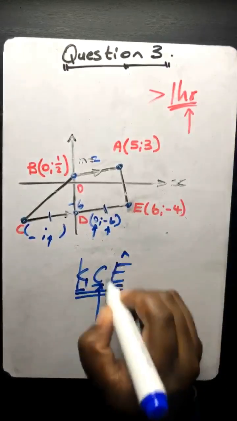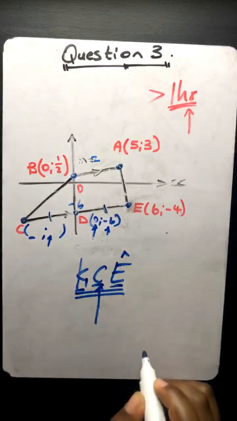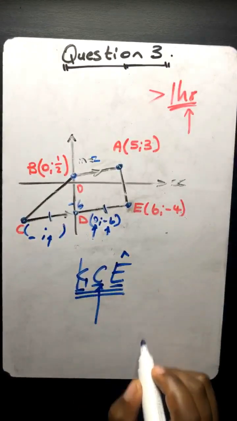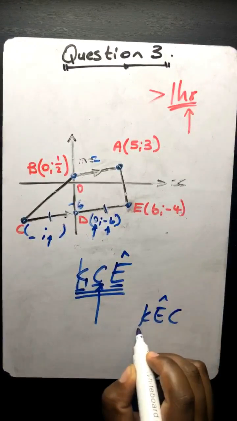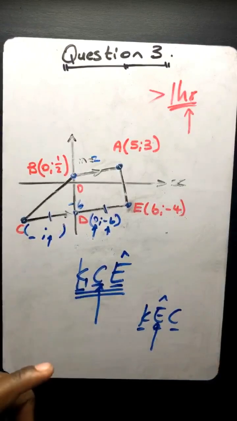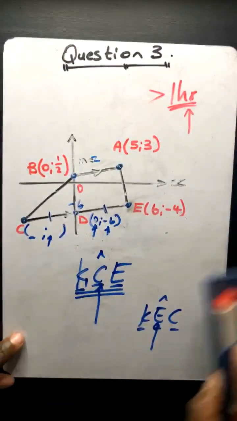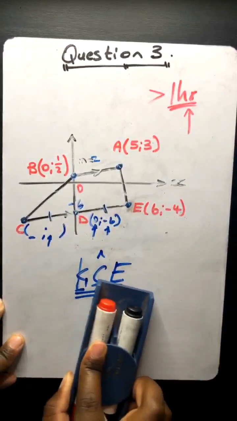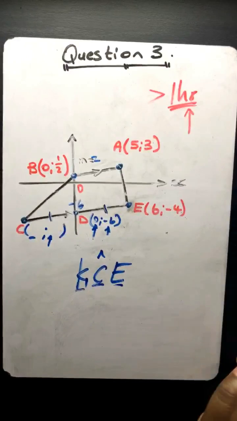If they want you to calculate an angle of E, they're going to write this E in the middle. Meaning, in triangle KEC, what is that angle E? But in this case, they want angle C. That's how you interpret a mathematical expression or a mathematical term.